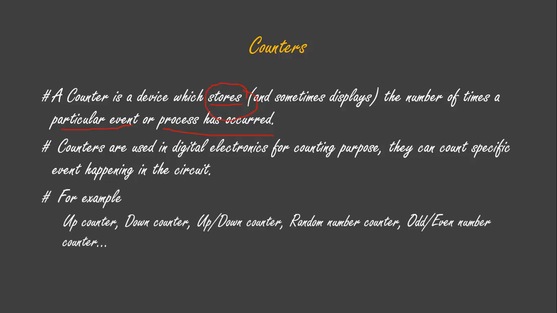For example, we have the up counter, as I already gave you the example of the digital clock. A down counter can count the numbers in the downward direction. An up-down counter can count in both directions, upward and downward. Then there are random number counter, even number counter, and odd number counter.